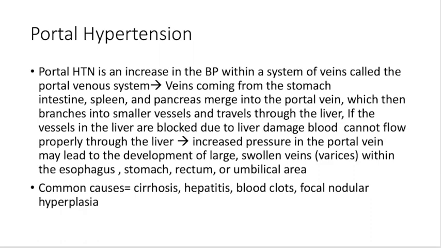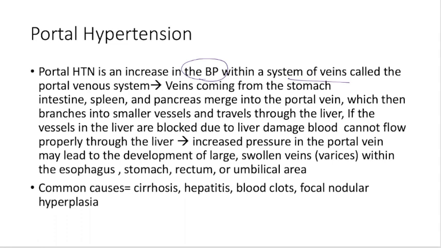Portal hypertension. So that is an increase in the BP within the system of veins within the portal venous system. So those veins coming from the stomach, intestine, spleen, and pancreas merge into the portal vein, which branches into smaller vessels and travels through the liver. So what happens? They get blocked during the liver damage.